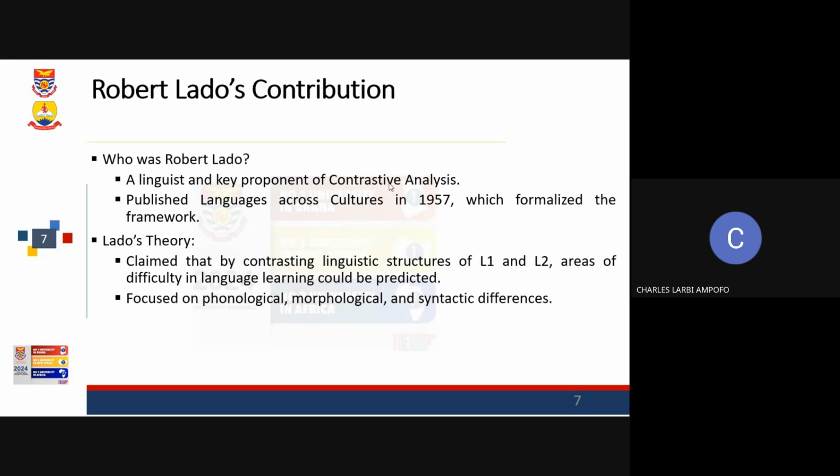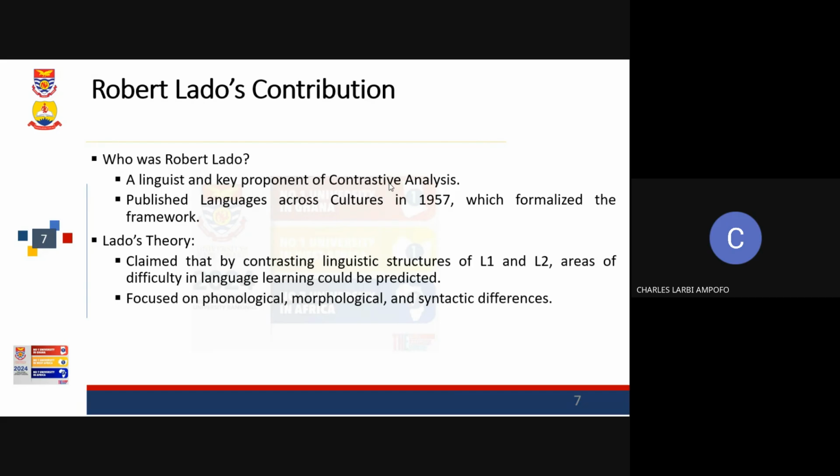So you also pick the English language, then you compare it with the Ga language, which is the L1 of the people you are teaching the English to. If it is Fanti, you do the same. So by comparing their morphological structures, you come out with the similarities and differences. And this will help you predict the errors that the people are likely to make in learning the second language.